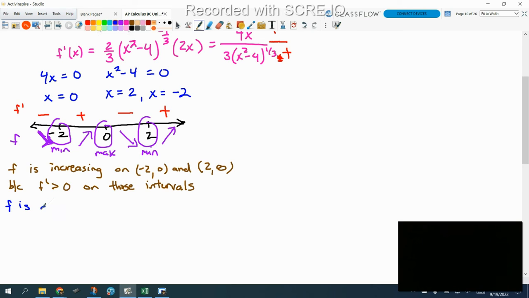F is decreasing on negative infinity to negative 2 and 0 to 2, because f prime is less than 0 on those intervals.